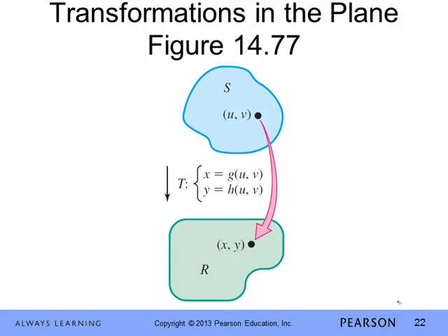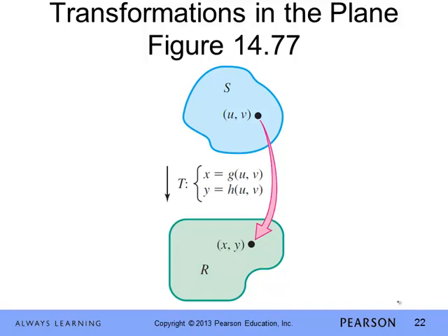But what we're hoping is that by doing this change of variables, instead of integrating over some weirdly shaped blob, it's actually more amenable to having more convenient limits of integration.